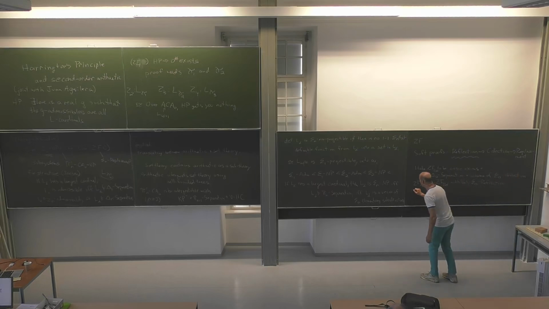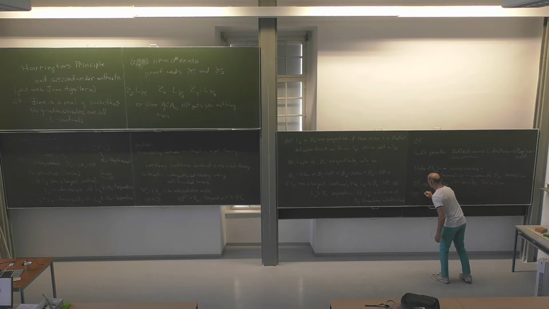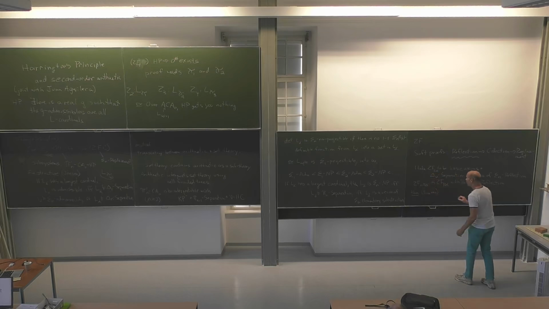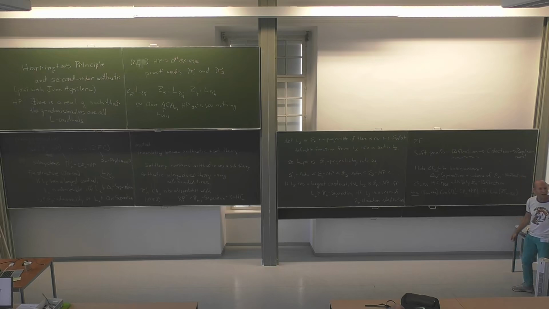And so the theorem that I can finally state, and this is joint work with Han and me, is that you get the equiconsistency of the consistency of pi 1 n comprehension with Harrington's principle with reflection over ZF restricted to sigma n formulas.